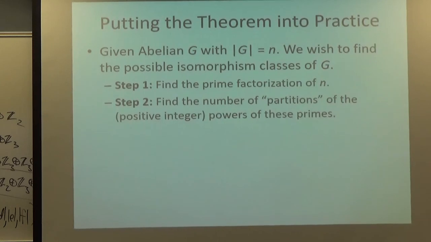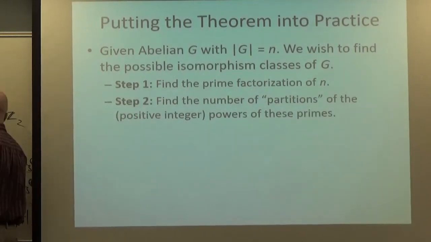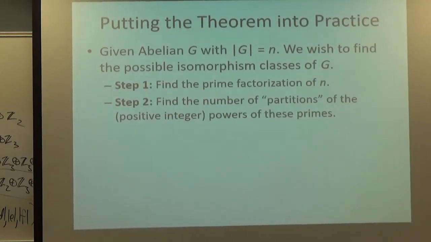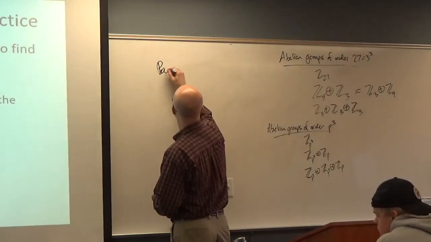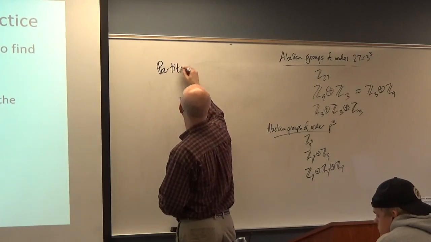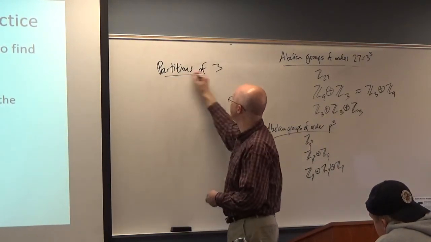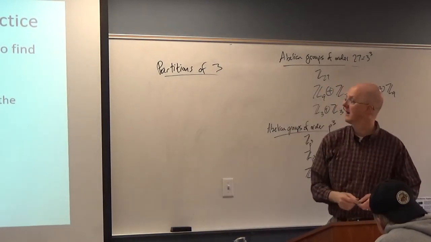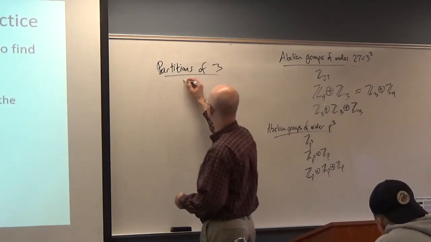What's a partition? It's not the same idea as a partition that we've talked about so far as breaking up a set into pieces, though it's a kind of similar idea. The partitions of integers, for example, 3, are the ways of writing 3 as a sum of positive integers. You could just write it as 3.